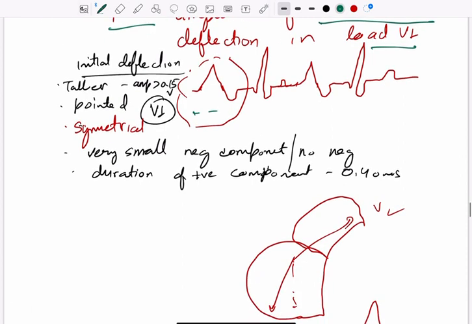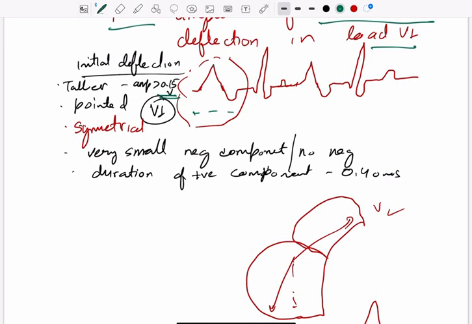First you see the ECG: there is a pointed initial deflection, and it is taller, and the amplitude is going to be more than 0.15 millivolt. So 0.15 is the number you need to remember, and it is going to be pointed and symmetrical. Normally it is not symmetrical.